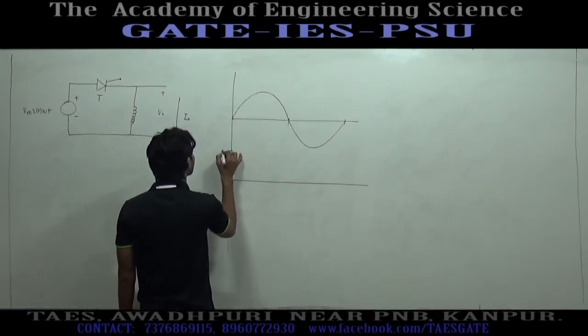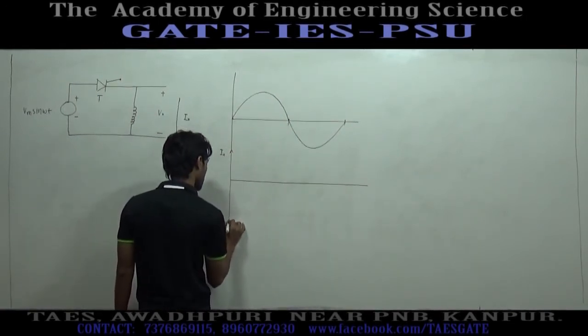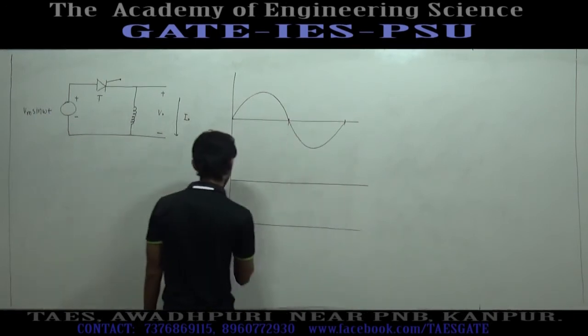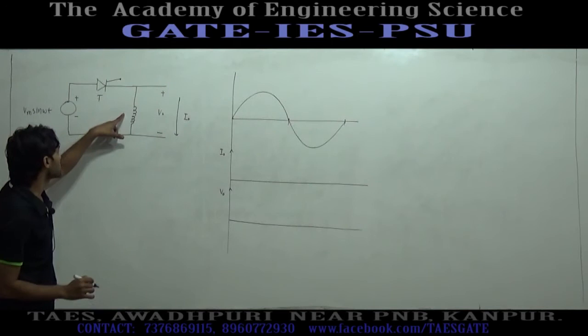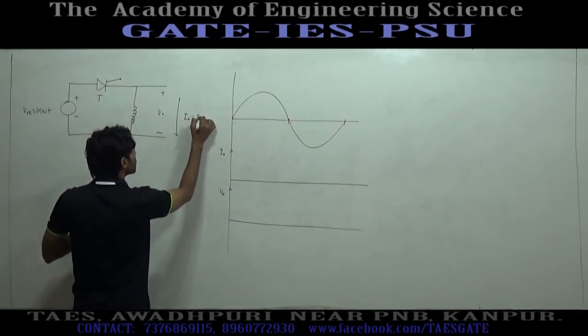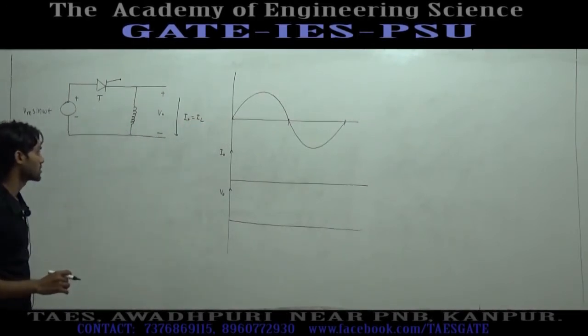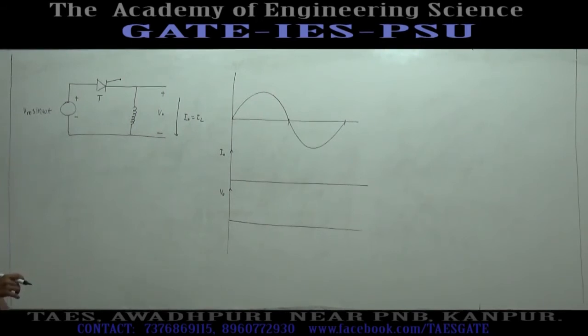Here we will draw the output current and the output voltage. The output current in this case is equal to inductor current, and output voltage is also equal to inductor voltage.